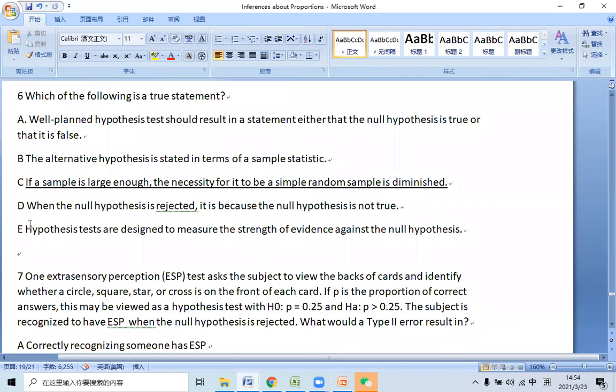How about this one, last one? Hypothesis tests are designed to measure the strength of evidence against the null hypothesis. Does this sound really good? Yeah, this one's a good answer.